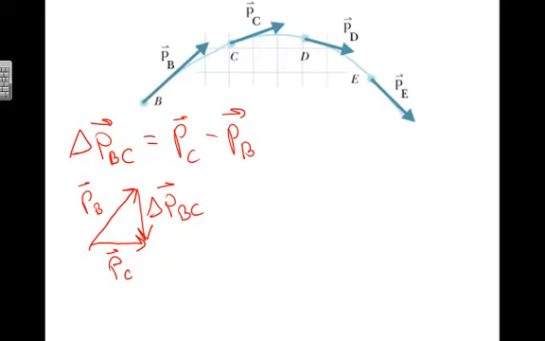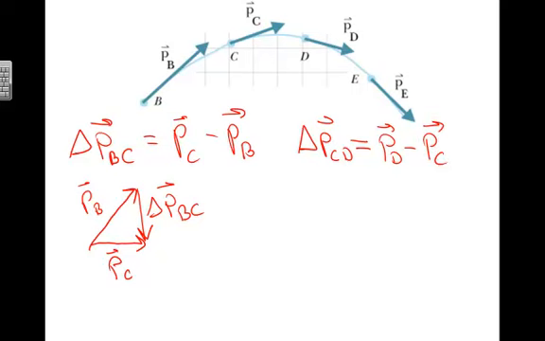Then we would look at the next time interval, and my change in momentum for this interval we'll call delta P CD. Now, this is my momentum at a later time. This is my P final for this time interval. So it's PD minus my momentum at the start of that time interval, which is PC.